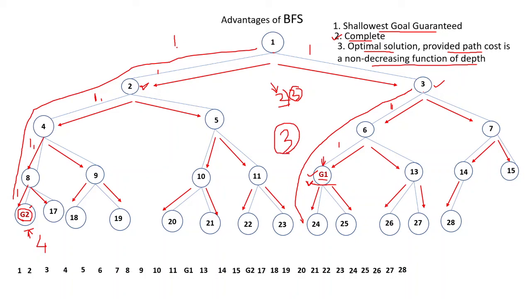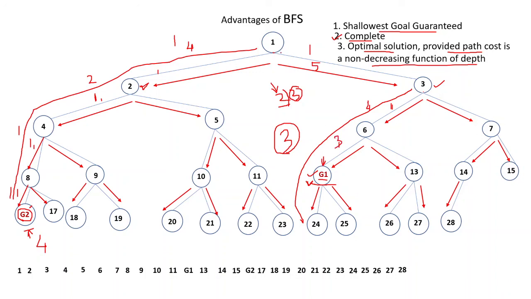But if we have a search space, say this path cost is 4, this path cost is 2, this path cost is, well, say 1, and this path cost is again 1. And we have something like this path cost is 5, this path cost is 4, this path cost is say 3, and so on.